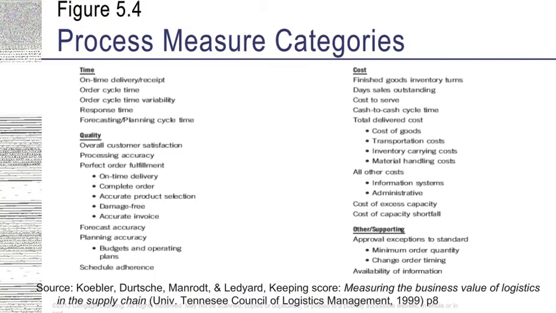As you look on to the cost category, notice the first item is finished goods inventory. Inventory usually requires a capital investment, and then even more money is required to maintain that inventory on the shelves. The cash-to-cash cycle time is trying to capture how long it will take between the initial investment for supplies until we receive the cash from our customers. For instance, some businesses like Dell used to have a negative cash-to-cash cycle time.